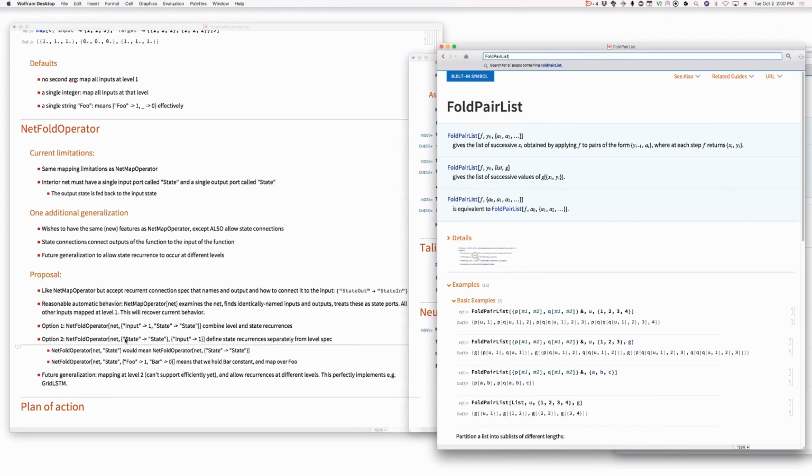But what you're saying is that f returns this, and then the question is which pieces get returned and where do they get plugged in? That's what you're basically saying here. Yeah. I think we're just talking about which get plugged in. Let me double check. Could you bring up netfold operator? Sorry, just so everyone can see.